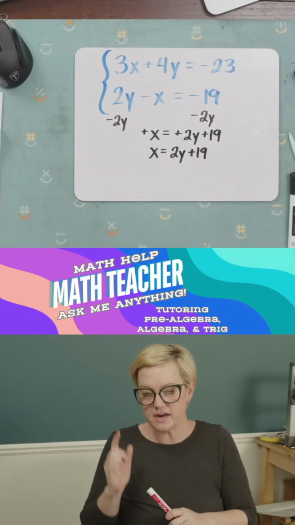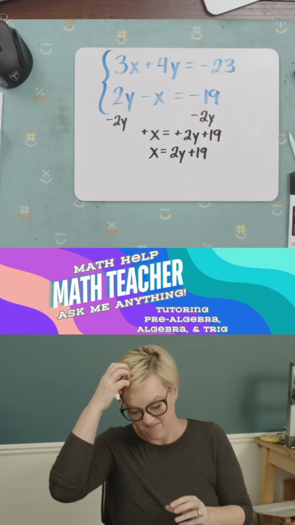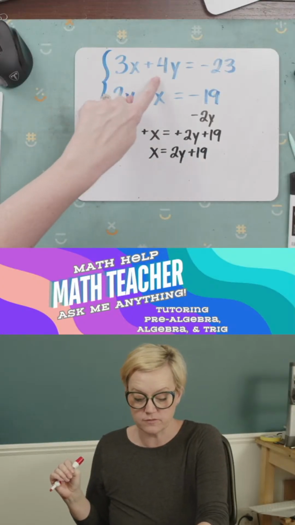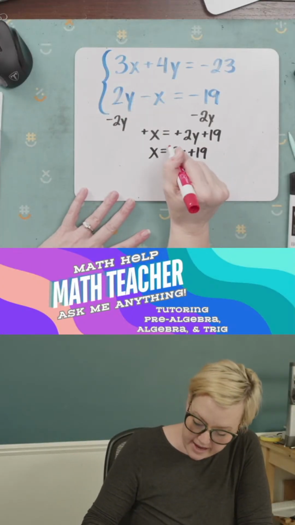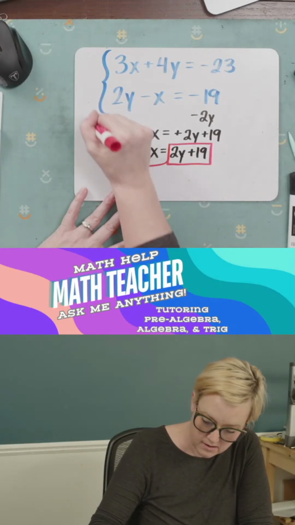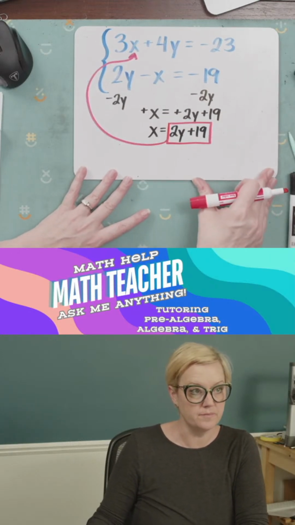Now, since I know that in a system of equations the x and the y are the same value, if x equals 2y plus 19 and 3x plus 4y equals negative 23, I can substitute this in for that x. And that's what I'm going to do.